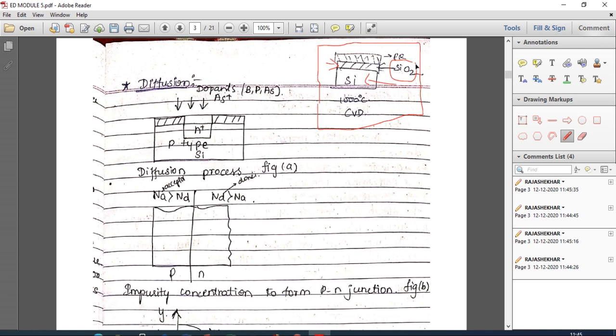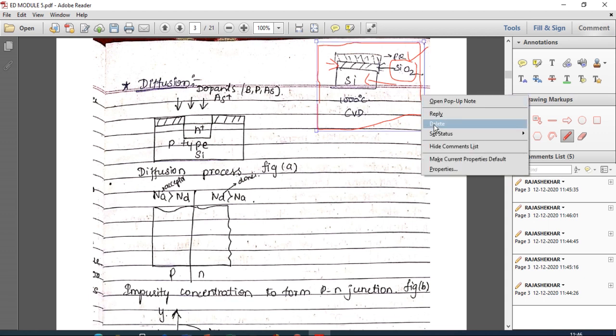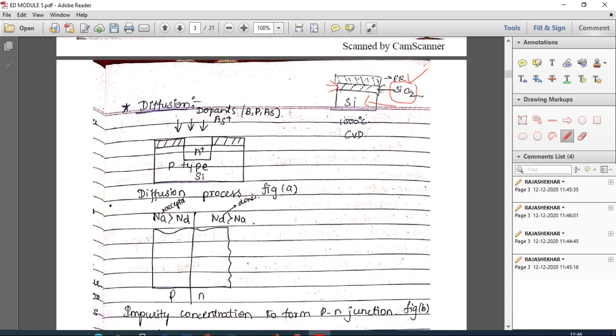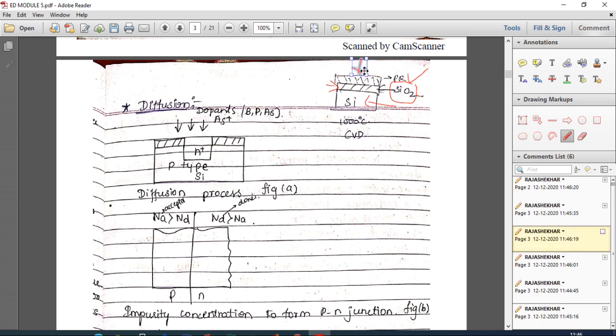To dope here, I have to take a photoresistive material, which we already discussed. The photoresistive material is very sensitive to light. When it is exposed to light, the exposed area gets softened, and the softened area is removed.